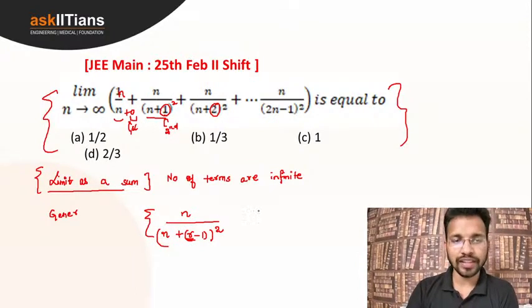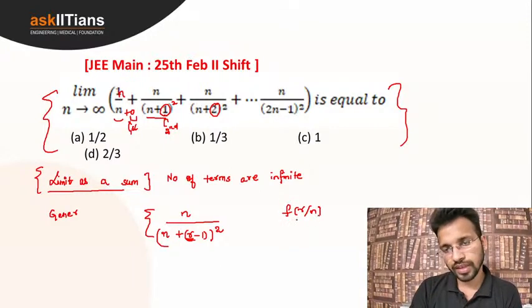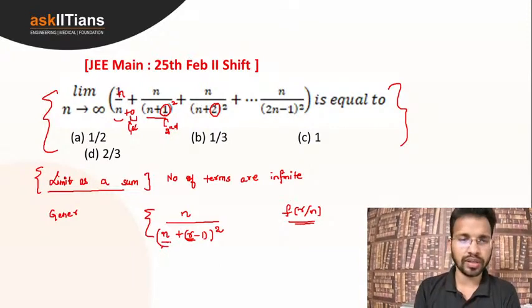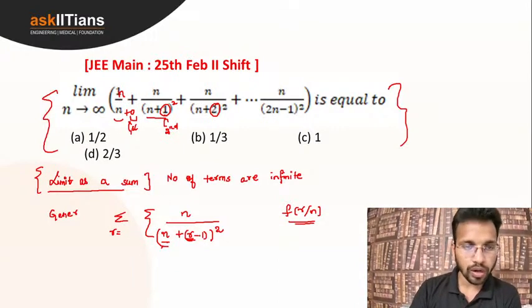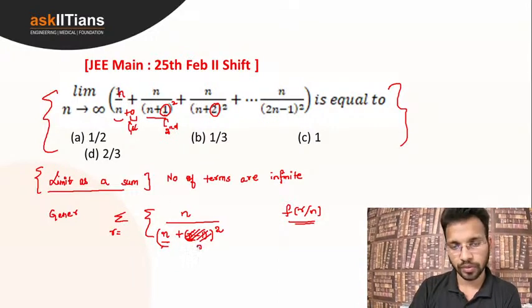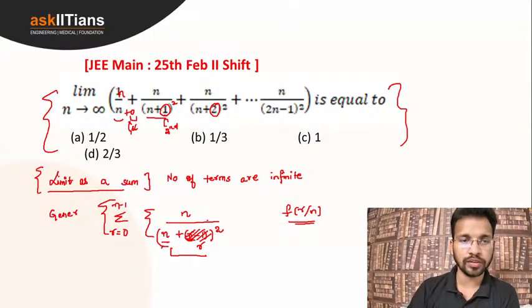Once you write this summation, it's just a cakewalk to write this whole thing in the form of f of r by n. We can clearly take n common from this bracket, and the summation will start from r equals 1 to n, or we can write it as n plus r, where r starts from 0, and we can modify the limit so that the expression is relatively easier to handle.